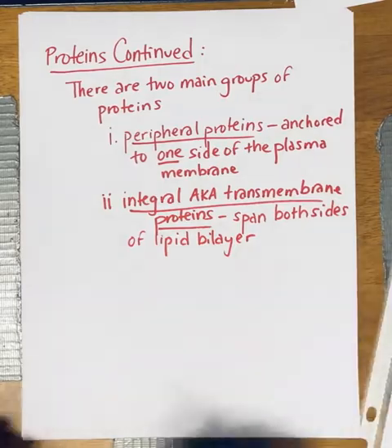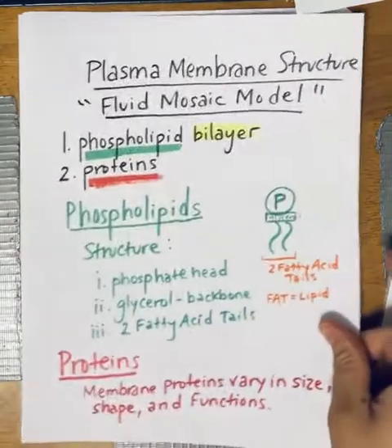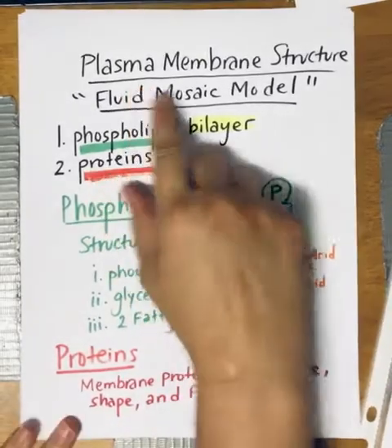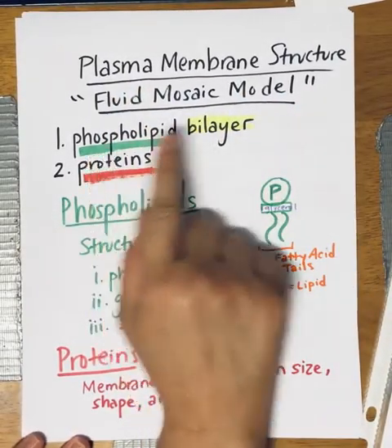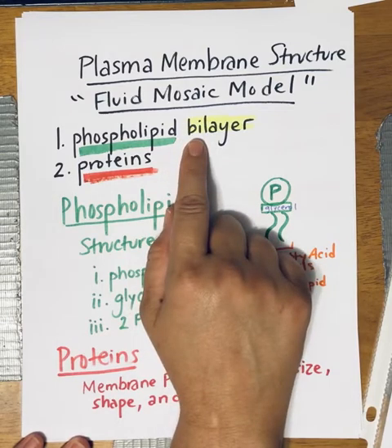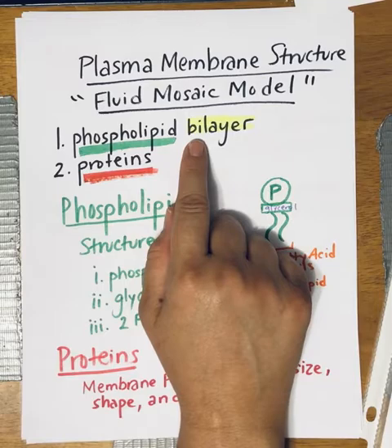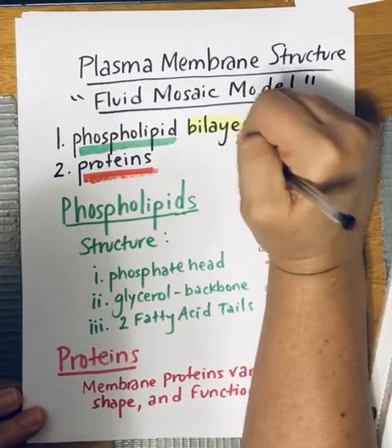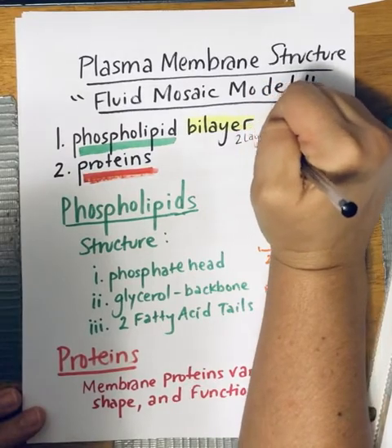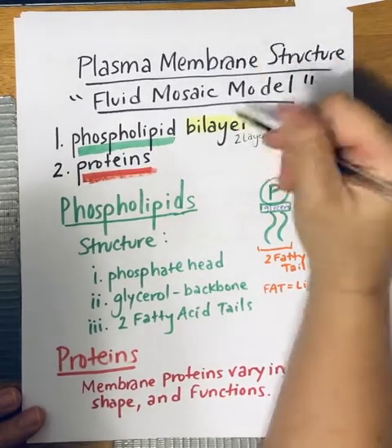All right, so we're going to refresh everything we just said. The plasma membrane is called the fluid mosaic model, and it's composed of two things: a phospholipid bilayer. When we use the word bilayer, that literally translates into it's going to have two layers of phospholipids.